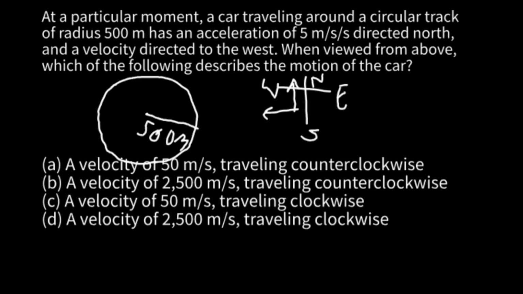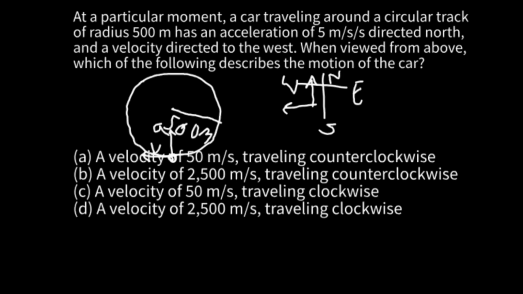So the car is going to be at the bottom of the track with an a in this direction and a v in this direction. Because it has a tangential velocity in this direction, that would be clockwise, so that rules out choices A and B.